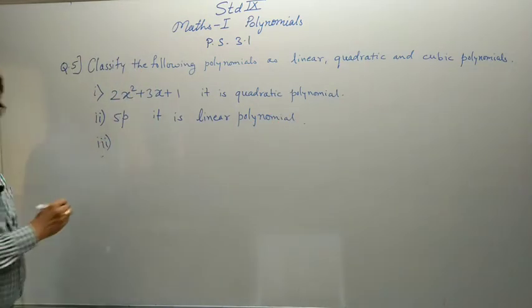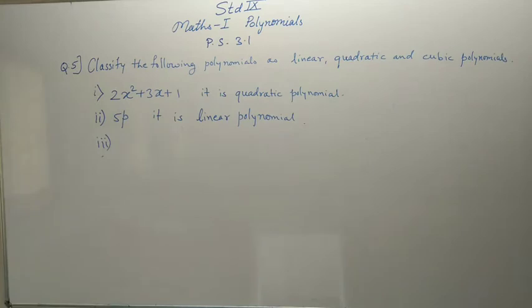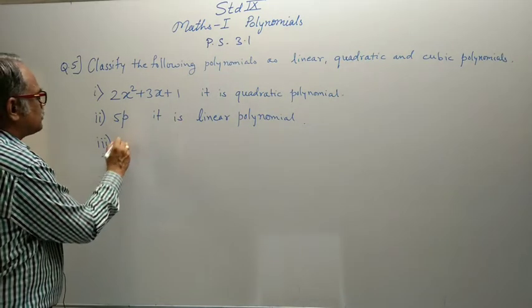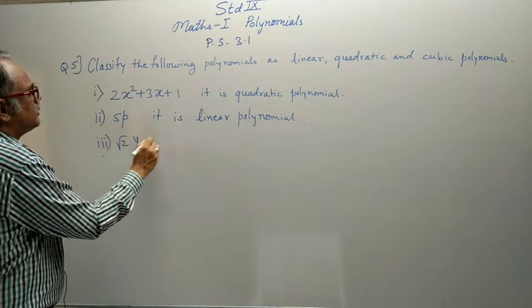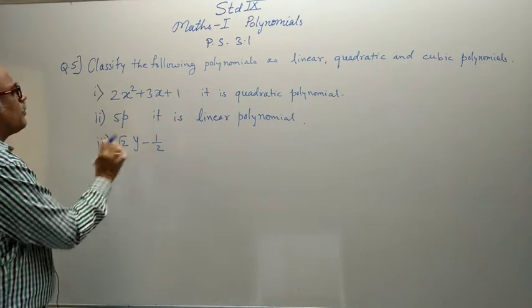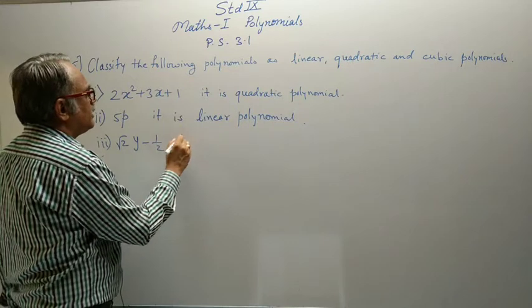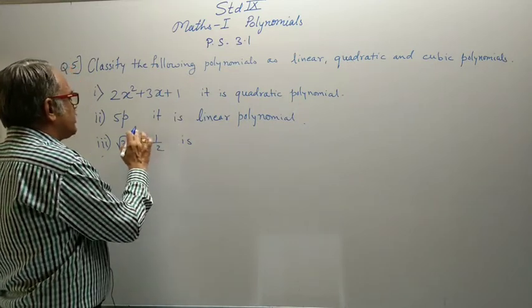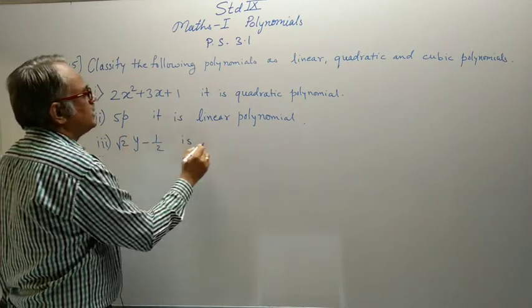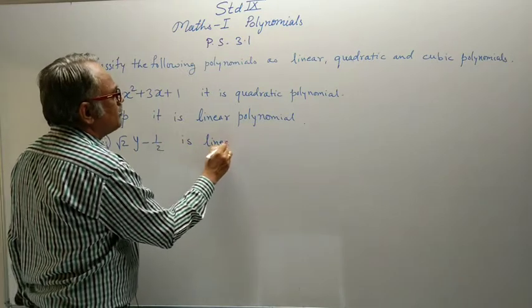Third, root 2 y minus half. Root 2 is the coefficient of y. Y is not in root. So it is a polynomial. What is the degree of y maximum? 1. It is linear polynomial again.